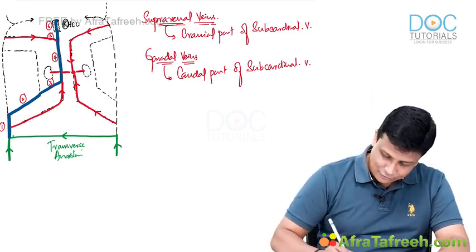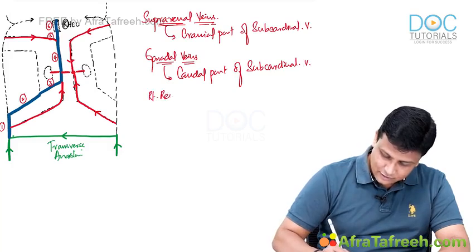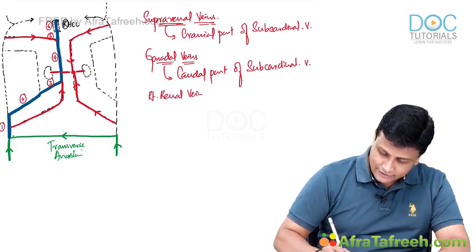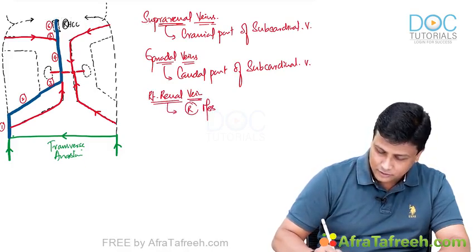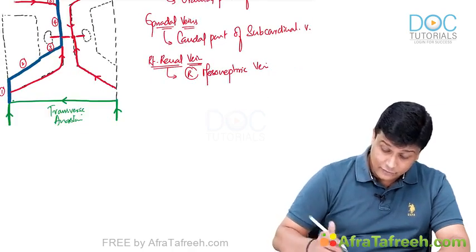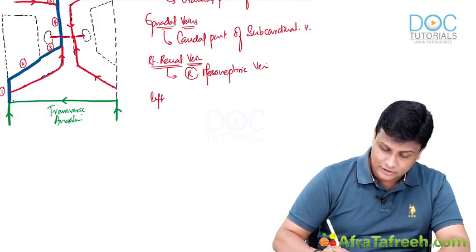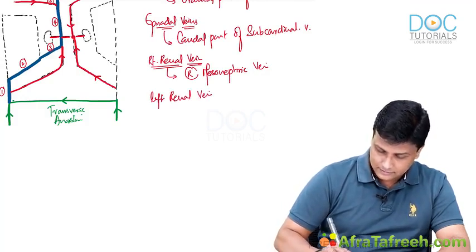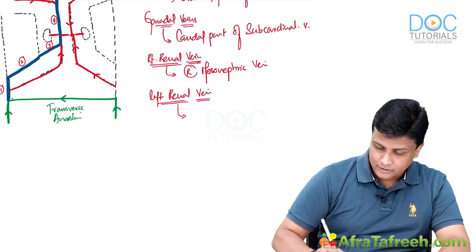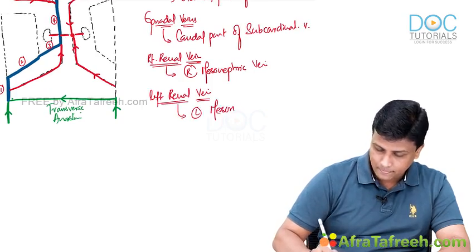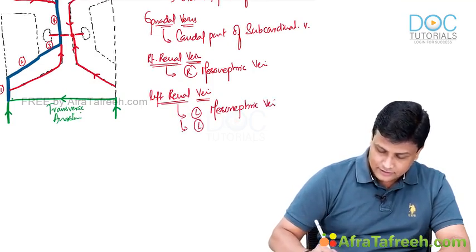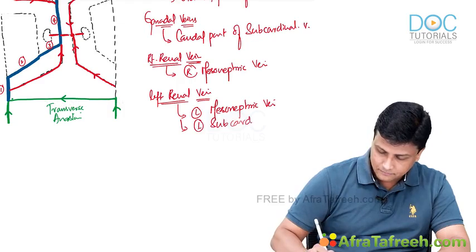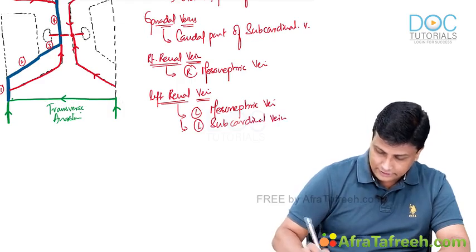So therefore, right renal vein is very easy. It is only and only derived from the right mesonephric vein. But whereas the left renal vein is derived from three sources. Number one, the left mesonephric vein, and then the left subcardinal vein, that subcardinal vein which is sandwiched between those two.